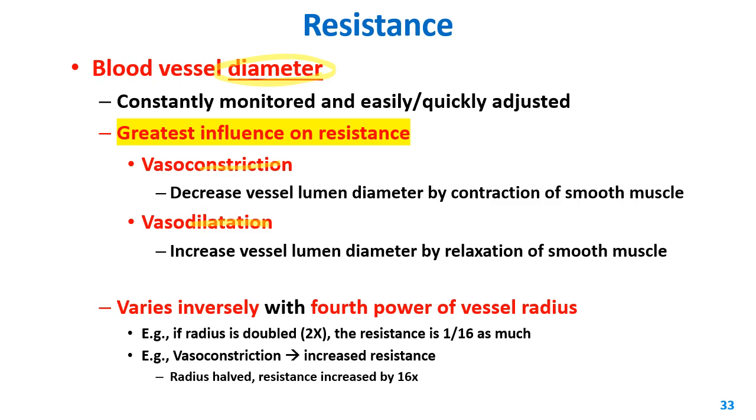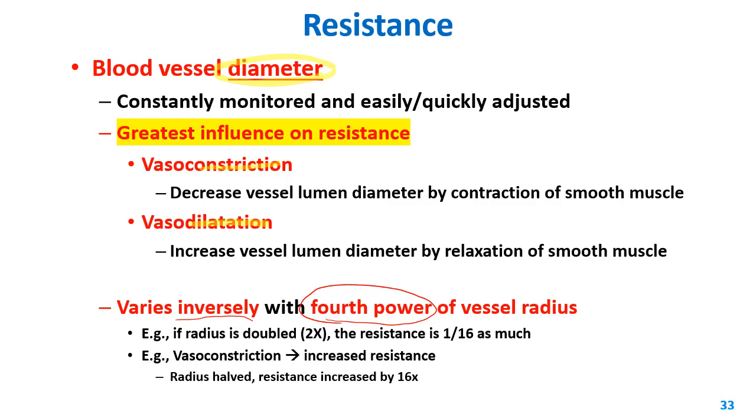When you dilate the blood vessel, you're going to decrease the resistance. Think about those red blood cells trying to run through that vessel. Now, the influence of the diameter is very dramatic. It says the resistance is inversely proportional to the diameter. Not only is it inversely proportional, but it's to the fourth power.